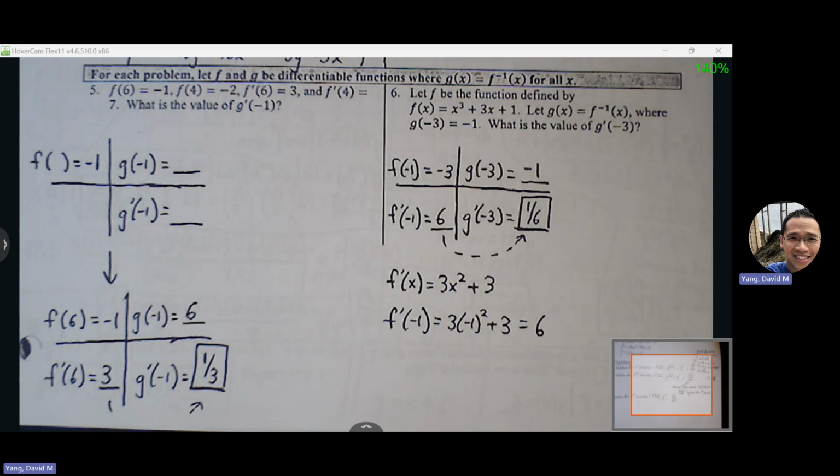Item 6, understanding of the relationship between a function and its inverse: their ordered pairs are flip-flopped, but their derivatives at their corresponding points are reciprocals of each other.